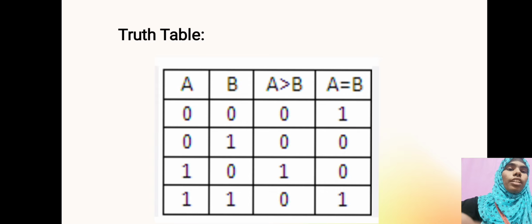When A is 1, B equals 0, then A is greater than B. Here the output is 1, where A less than B is 0 and A equals B is 0. If A is 1, B is 1, that condition is called A equals B.